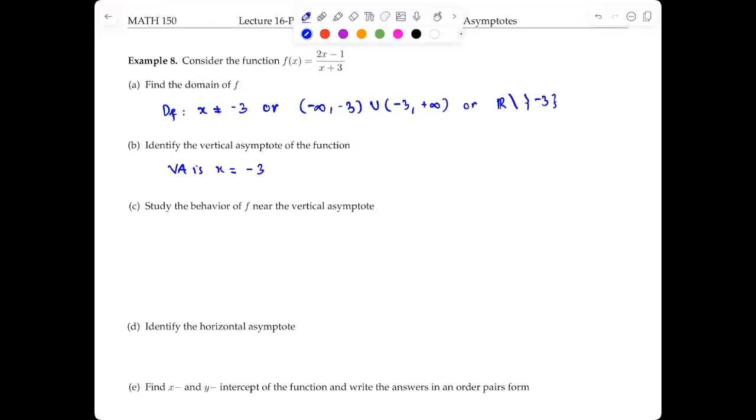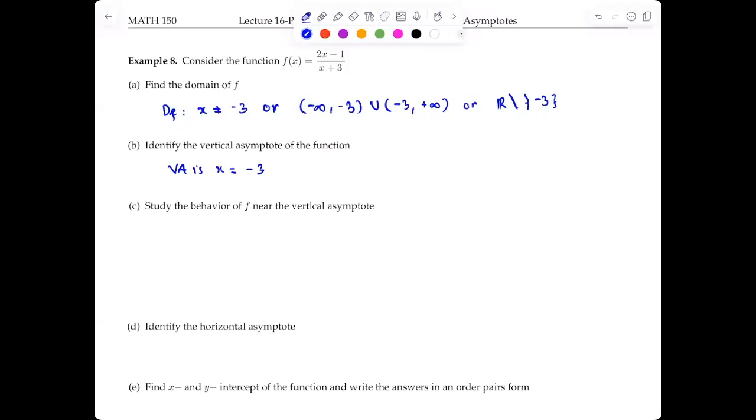So here you have -3. Now, as x approaches -3 from the left, it can be -3.01, -3.001. With that in mind, what happens to the numerator?